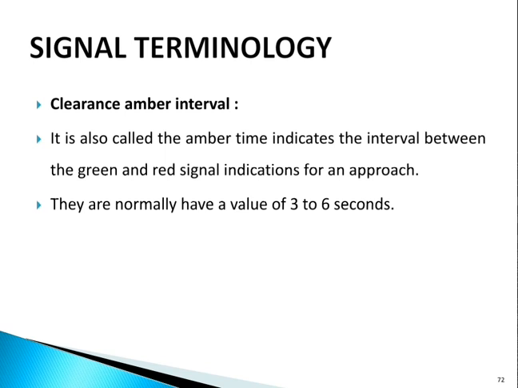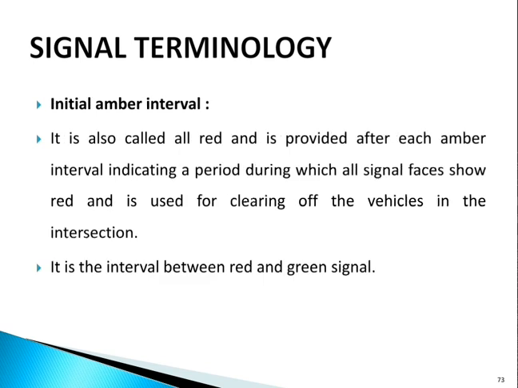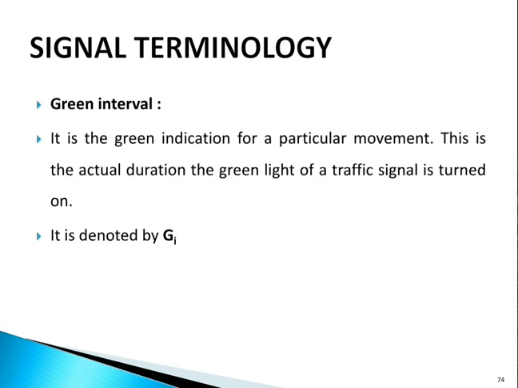They normally have a value of 3 to 6 seconds. Next one is initial amber interval. It is also called all red and is provided after each amber interval, indicating a period during which all signal phases show red and is used for clearing of the vehicles in the intersection. It is the interval between red and green signal.